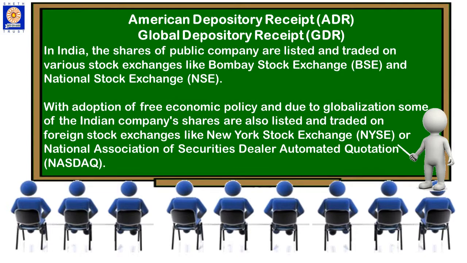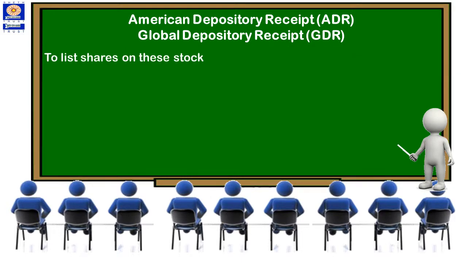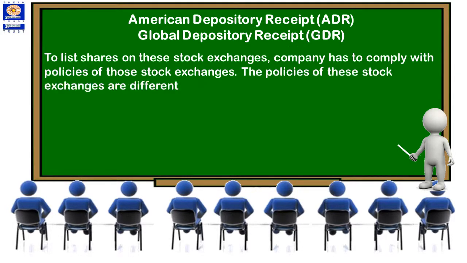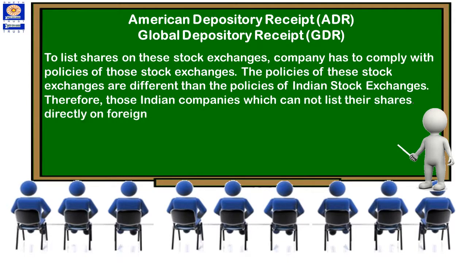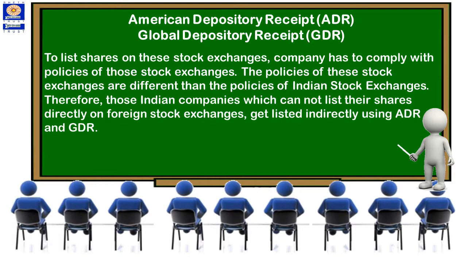The foreign exchanges like New York Stock Exchange or the National Association of Securities Dealers Automated Quotation. In short, to list the shares on these foreign stock exchanges, the company has to follow foreign policies created by the stock exchanges.